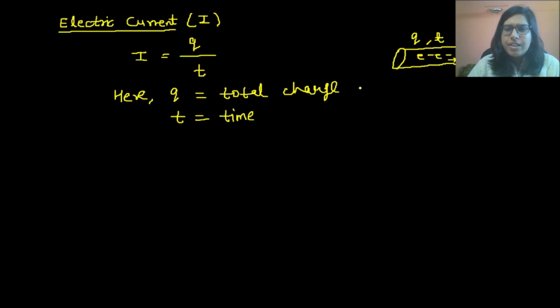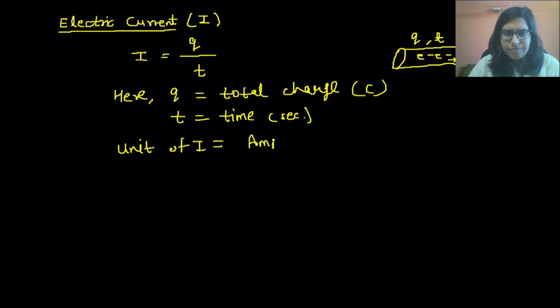If you put charge in coulomb and time in second, then the unit of current will be ampere, denoted by A. This is the SI unit of current.